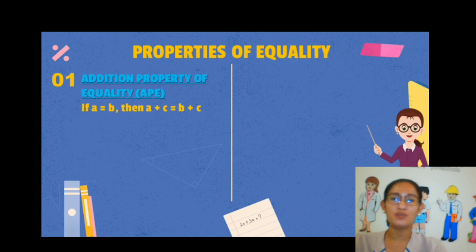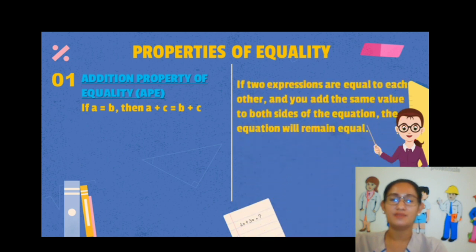If A is equal to B, then A plus C equals B plus C. If two expressions are equal to each other and you add the same value to both sides of the equation, they will remain equal. In this example, we have 3 equals 3. We add the same value to both sides, which is 2, and it gives us the same result, which is 5 equals 5.